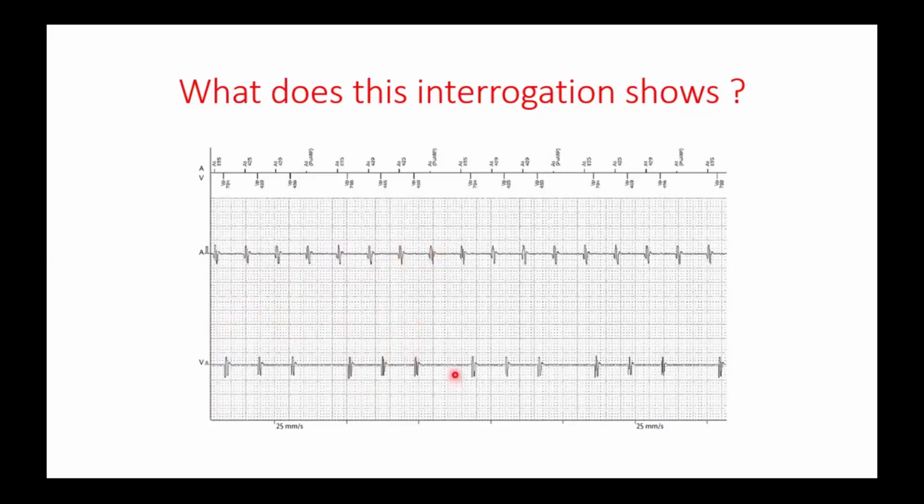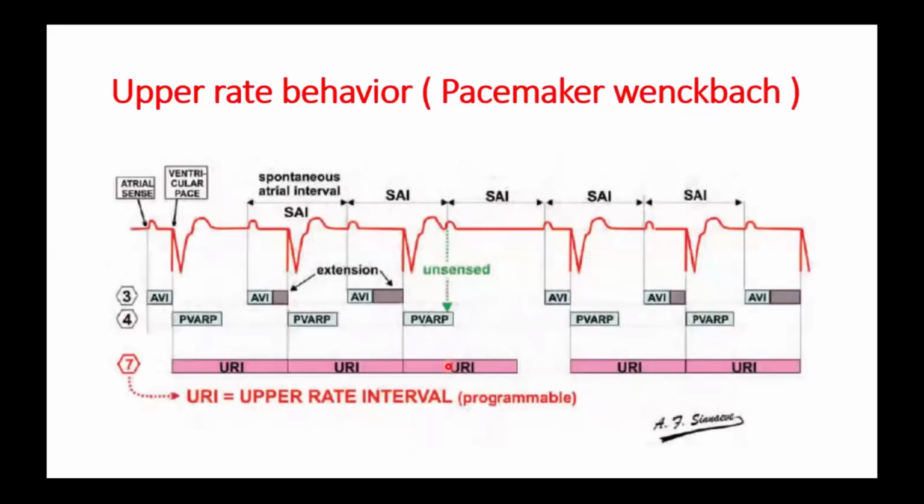is not followed by a V. This is called the upper rate behavior or pacemaker Wenckebach, and it occurs as follows. Once the atrial rate exceeds the upper rate limit, the AV interval is gradually prolonged.